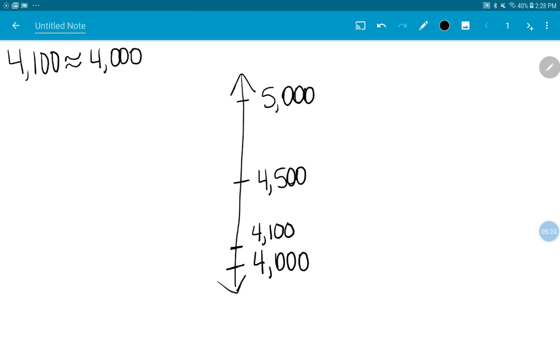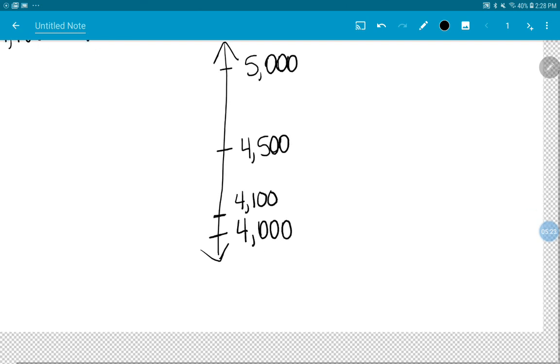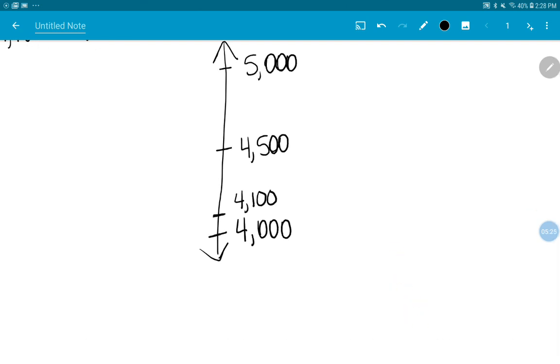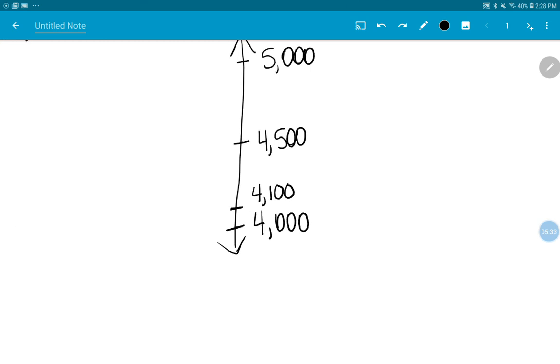All right, we're going to use those same set of numbers. This time, we're going to round the number 4,700. Okay? So how many thousands are there in 4,700? 4,000.